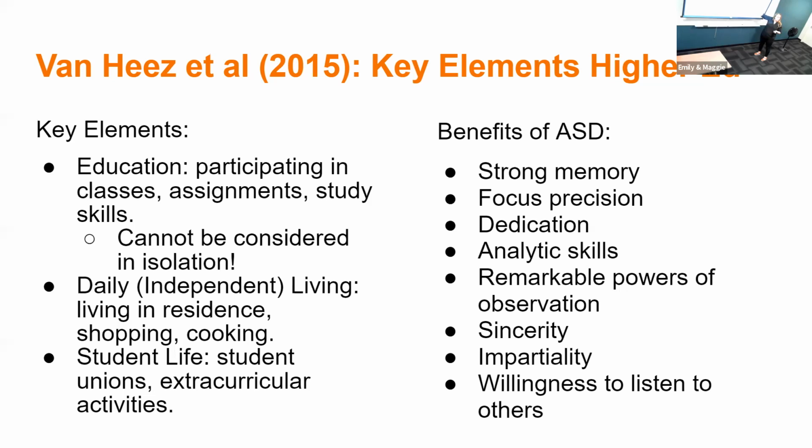My brother is not capable of hurting someone's feelings. He doesn't know how. He just does not have that ability to intentionally hurt someone's feelings. Very sincere. Willingness to listen to others. So there's a lot of strengths that we can focus on. And even some of the elements that are considered challenges, if we do right by these students, we can turn them into strengths, right? Like routine focused and attention to detail.